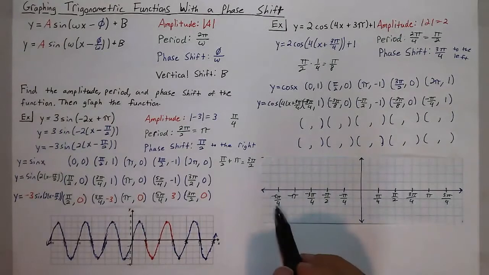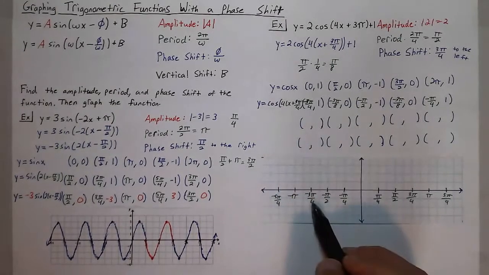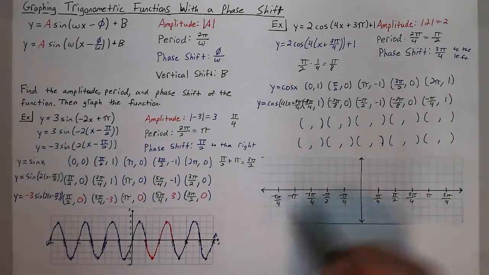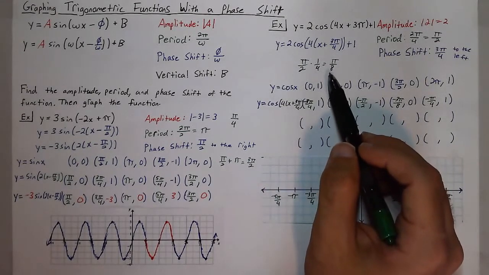That includes my -3 pi over 4, to my -pi over 4, and some extra space as well, and it's counting by pi over 8, so it makes it really easy to graph.